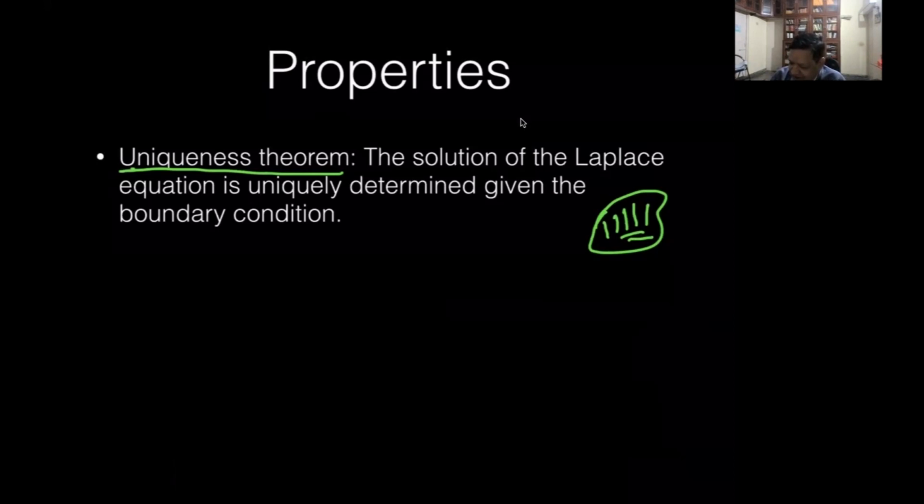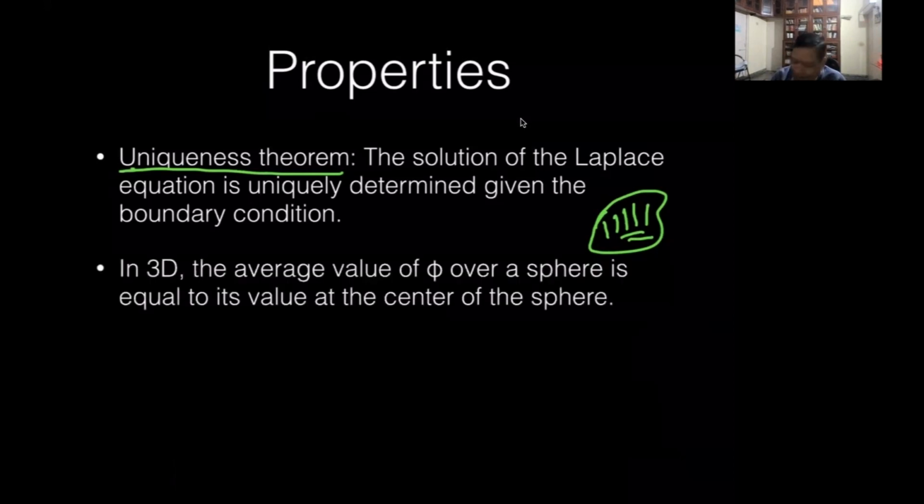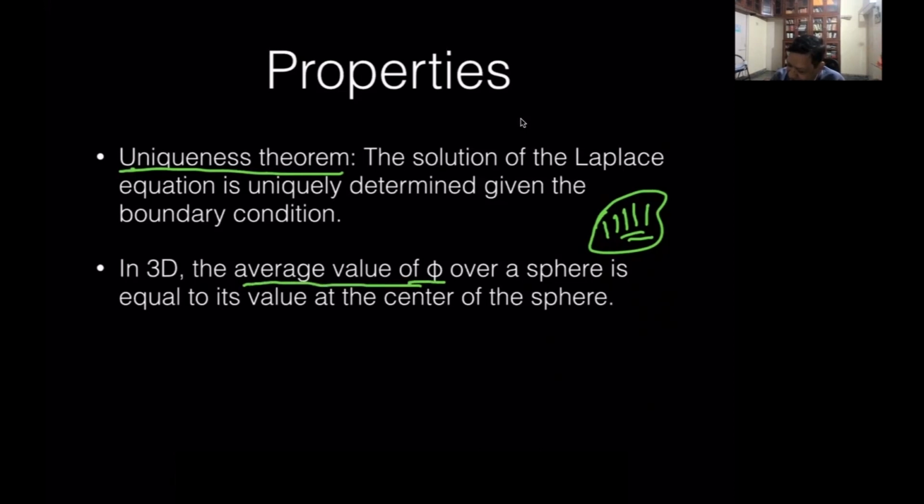A second, which is the most important thing, is the average value of phi over a sphere. Just take a sphere. If you average phi, that means integral of phi d vector r, that equals the value of the function at the center of the sphere. So the average is equal to the potential at the center of the sphere.